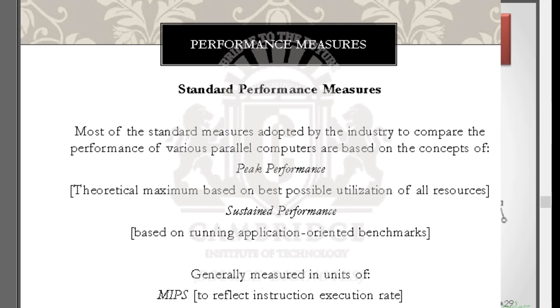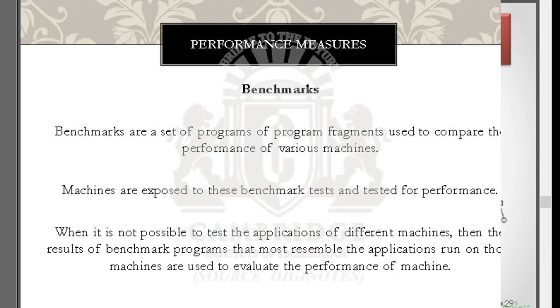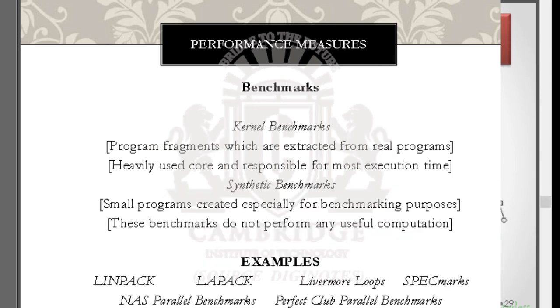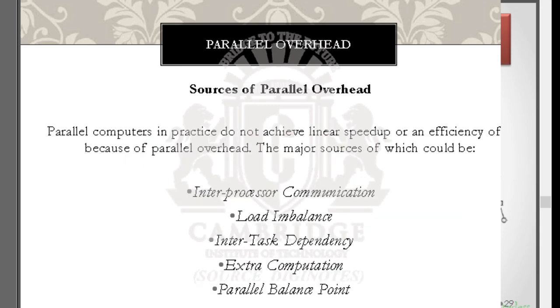Then we have to find the standard performance measures, which is peak performance, sustained performance. Then benchmarks are sets of programs or program fragments used to compare the performance of various machines. So some examples are given for this.